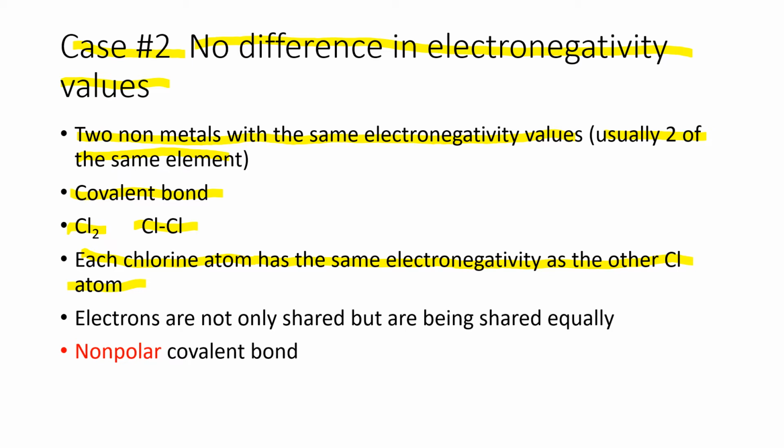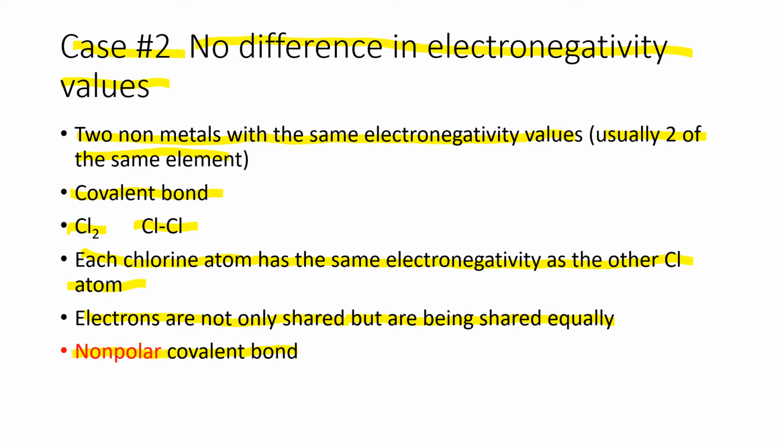So we know the electrons are being shared, but we can go a step farther. Because of the exact same electronegativity value, the electrons are not only shared, but they're being shared completely equally. What that's going to give rise to is what we call a nonpolar covalent bond.